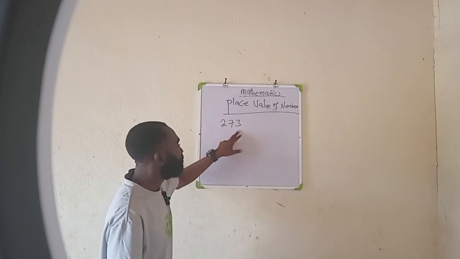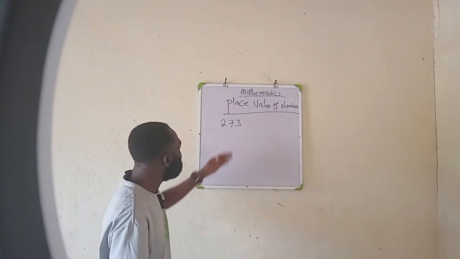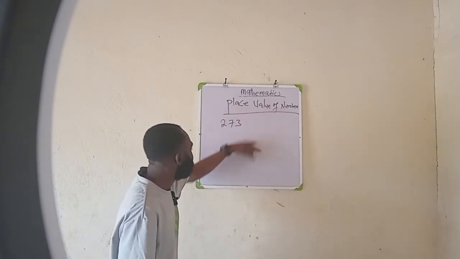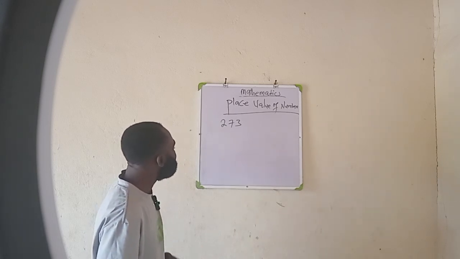If I ask some of us in this class, some will not be able to tell me the place value of 7 in this given number here. But it is very simple.